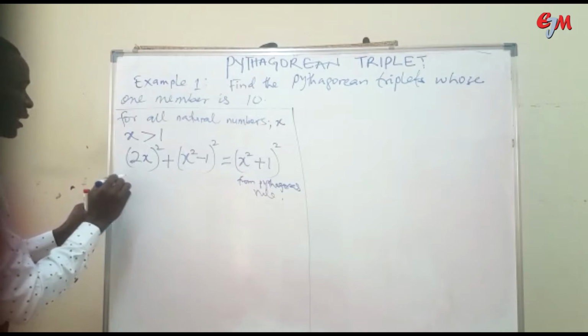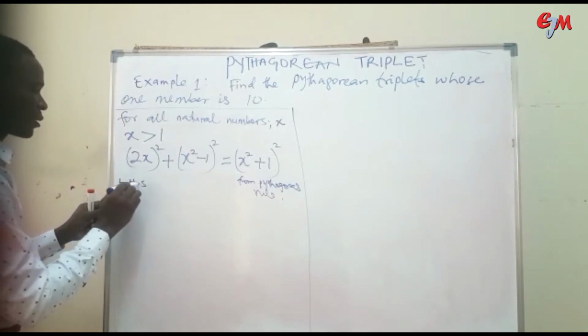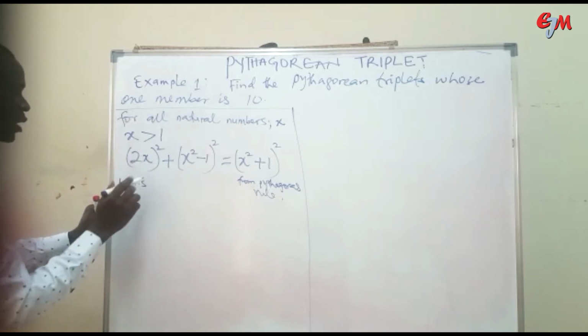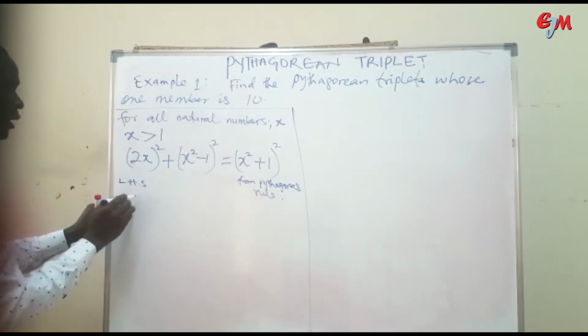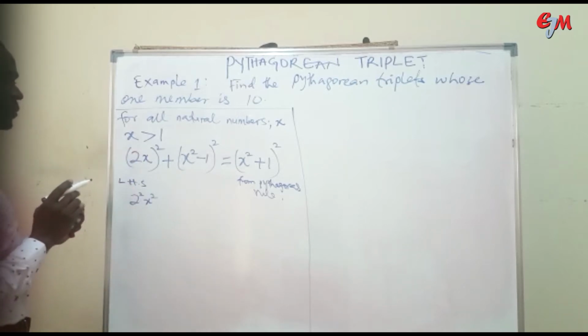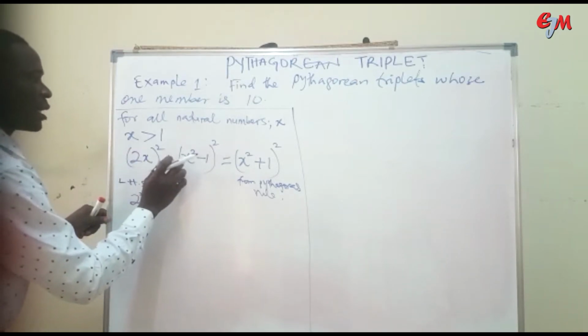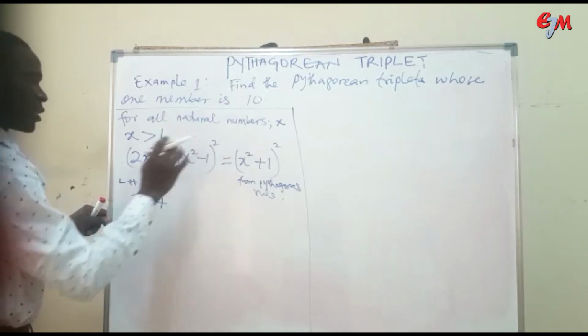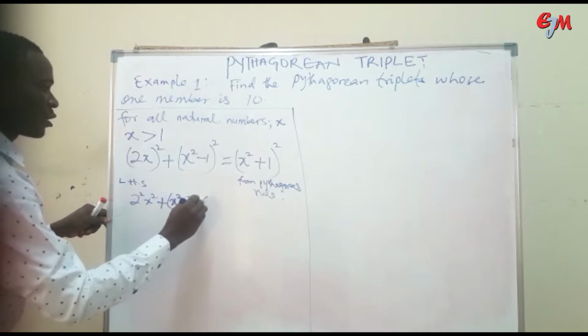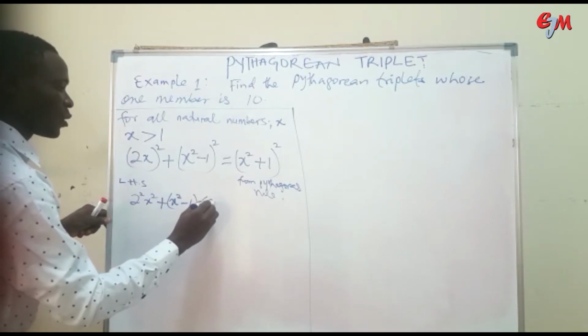Now, let us start from the left hand side. This one is the same thing as 2 squared times x squared, and (x squared minus 1) all squared is the same thing as (x squared minus 1) in the bracket of (x squared minus 1).